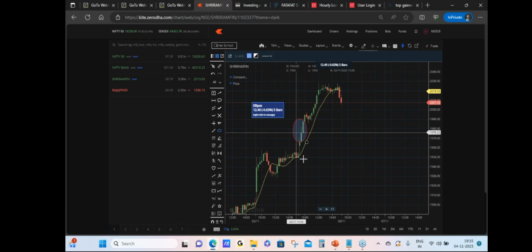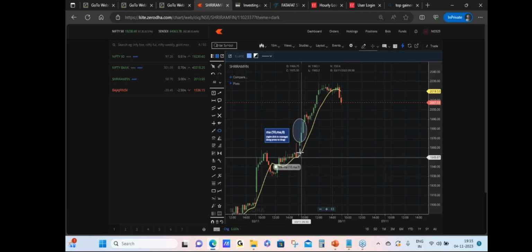Don't you think with a simple line, you're able to confirm the present trend which is running in the market? At least you are not able to take wrong trades here. So half of your losses are reduced.